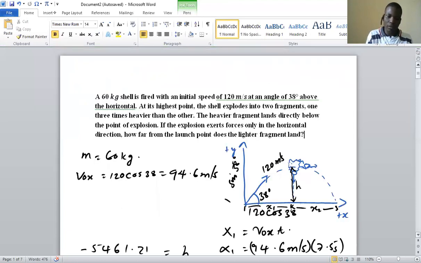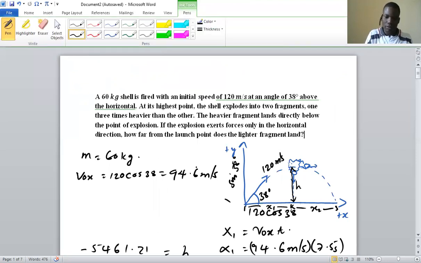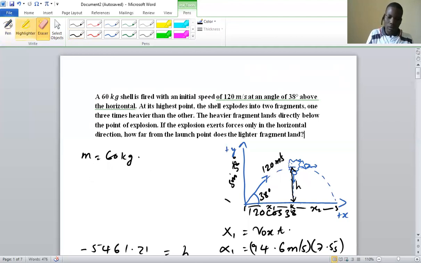So what we have is initial momentum should be equal to final momentum. That's what conservation of linear momentum is all about.